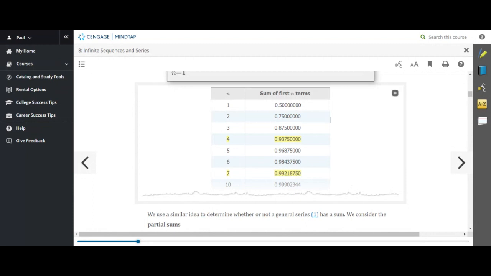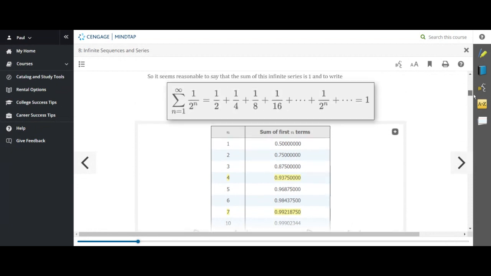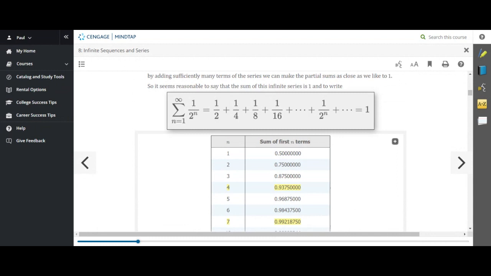What number? 1. That's right. And so this means then that the series here equals 1. Okay, that's what that means.